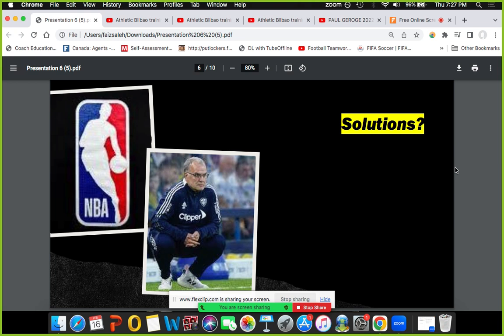Similar with Paul George, or you can look at someone like James Harden, who essentially was at best a good bench player at OKC, a good sixth man of the year, but who once he came to Houston was essentially one of the greatest offensive juggernauts in the league for years. All of that revolves around the way that they trained and the specificity of their training that allowed them to create the adaptations that would help them to become better players on the court.